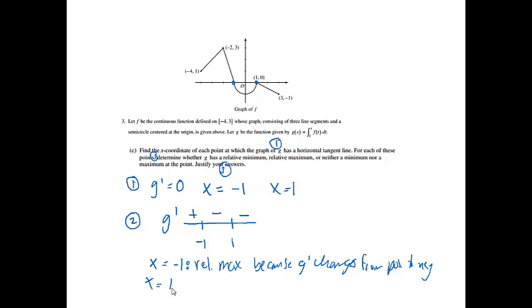And then at x equals 1, it would be neither, because g prime doesn't change sign at all. That part of the problem would be worth 1 point for considering g prime equals 0, 1 point for x equals -1 and 1, and then 1 point for saying if they're relative min or max. So that was worth 3 points.